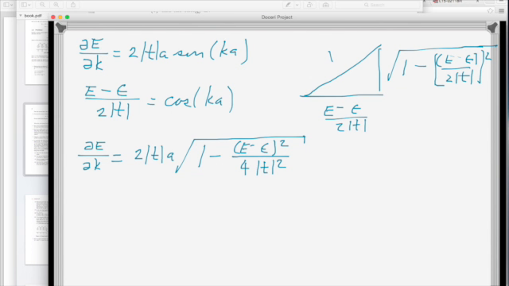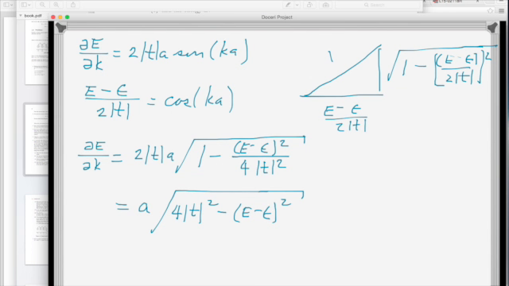And I multiply through, I guess, 2t inside, and so that's equal to a times the square root of 4t squared minus (E minus epsilon) quantity squared. I don't know if one form is better than the other. That should be sine Ka. Well, I mean, that's dE/dk.